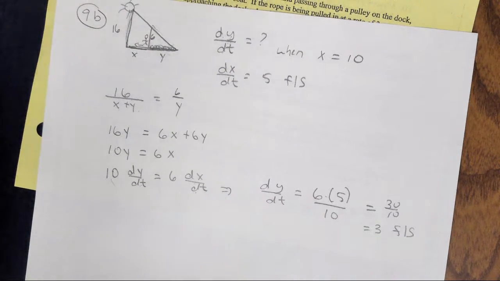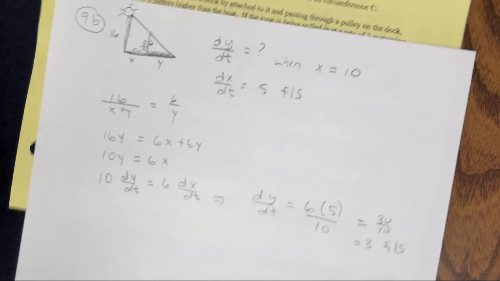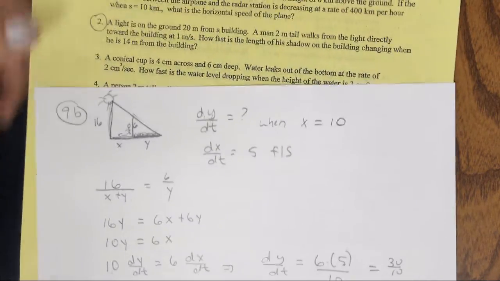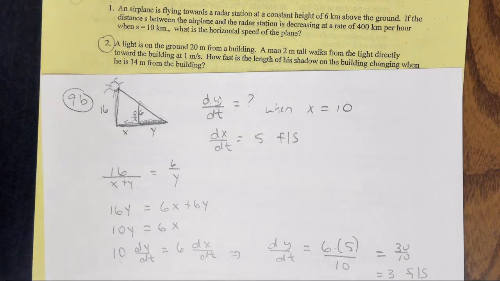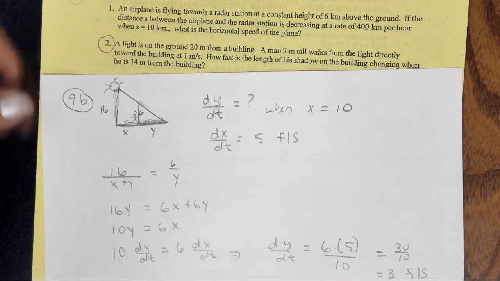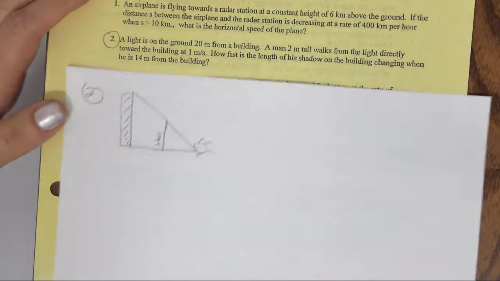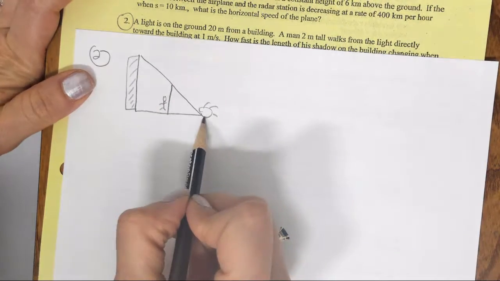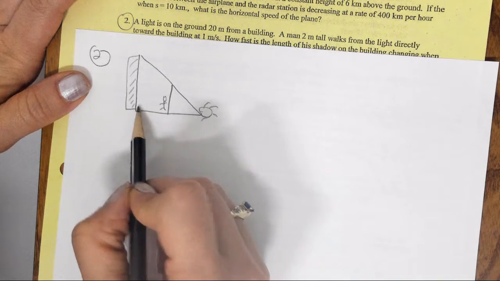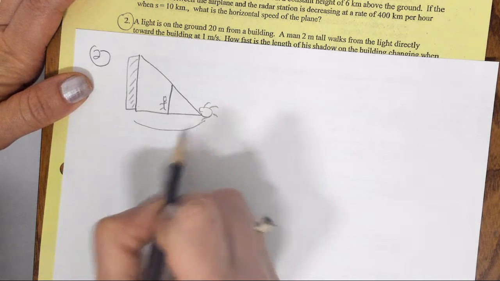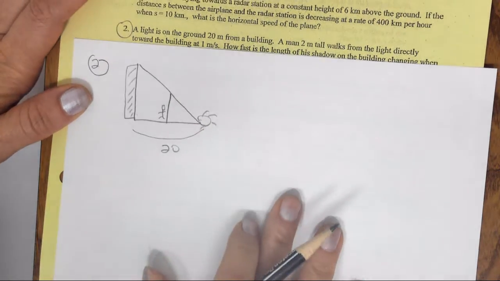All right, so now how does that compare to number 2? Number 2. Here we have a light on the ground 20 meters from the building. So my light's on the ground. There's the building. It's 20 meters from the building.